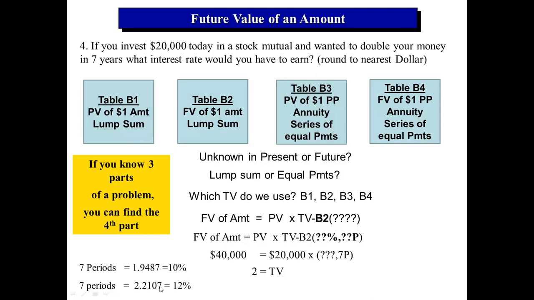So the interest rate that's closest would be a little more than 10%. If we want to double our money from $20,000 to $40,000 in 7 years, we're going to need to earn an interest rate that's a little more than 10%. So that's how you solve that one.